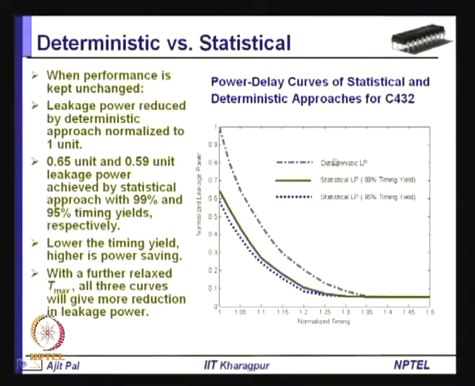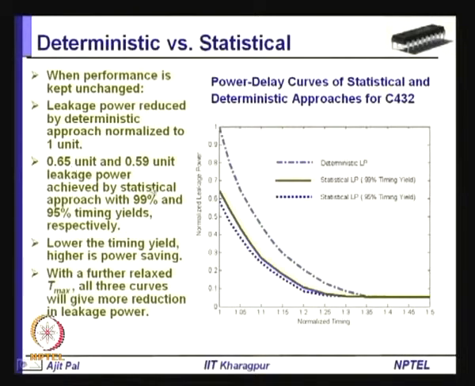One is delay constraint, another was energy constraint. In the energy constraint approach, we have seen if we can tolerate some delay, then leakage can be reduced significantly by accepting say 4 to 9% of delay. So, here essentially the same approach is being used. If you increase the normalized timing, then leakage power can be reduced. So, this is the deterministic approach.